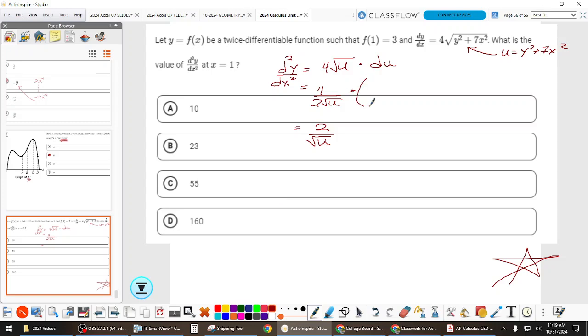Okay, and then times, and we have 2y dy dx plus 7x on that.